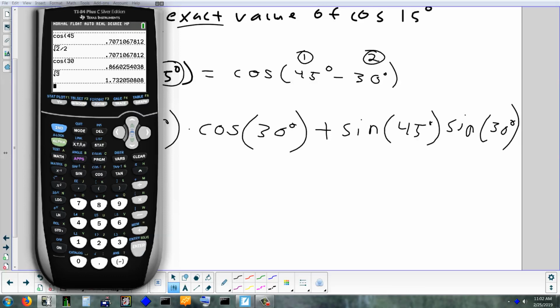All right, the square root of 3 is not 0.866, but does anyone have a guess what you could do with the square root of 3 and it would be 0.866? Divided by 2? Yep. Divided by 2, that's usually the trick. The square root of 3 over 2 is the number 0.866, and so on. So the cosine of 30, here's the answer. That's the square root of 3 over 2.